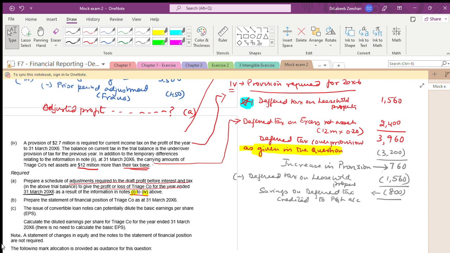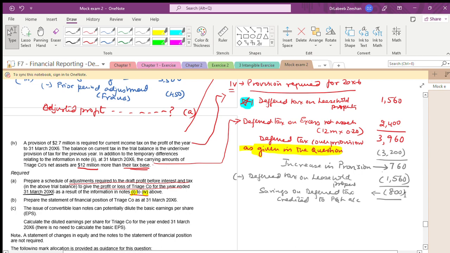When it is on a nominal basis, if you provide a provision, what will happen? The profits will decrease, as simple as that. How much is the increase in provision? 760.